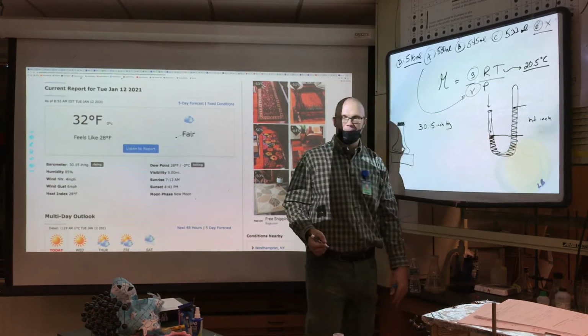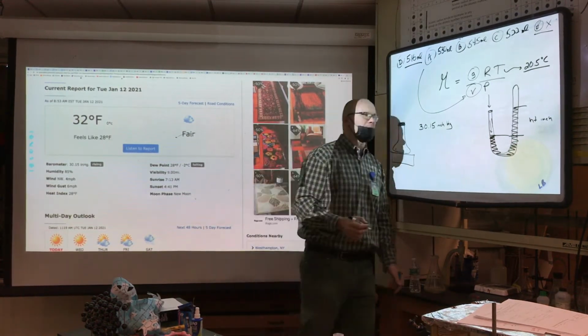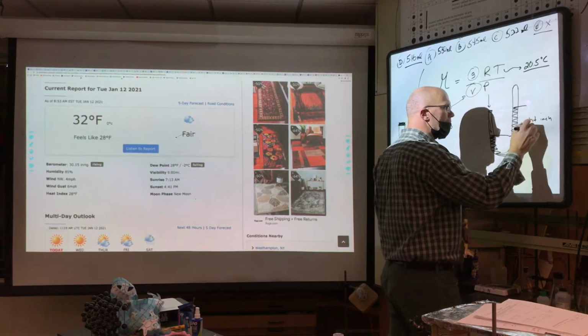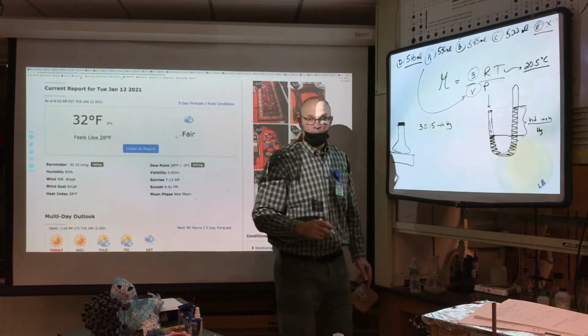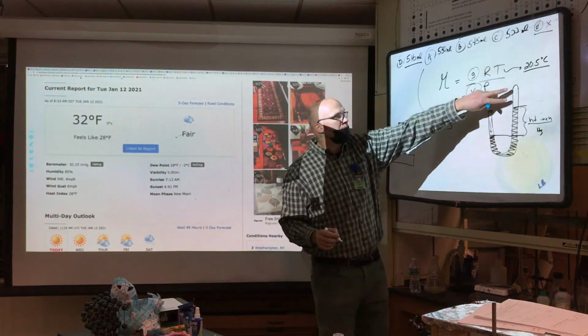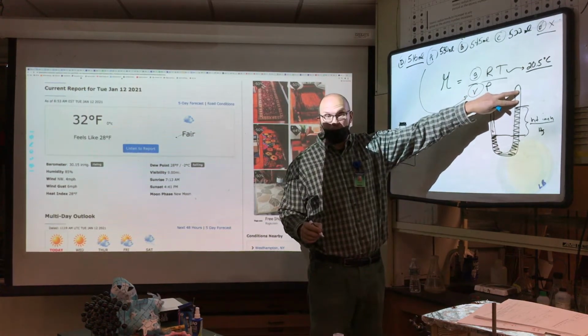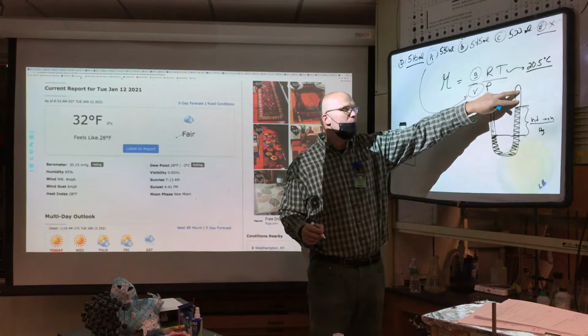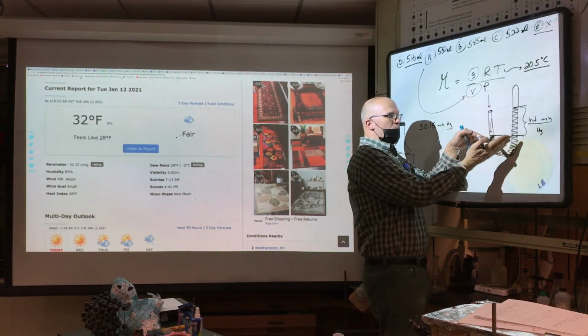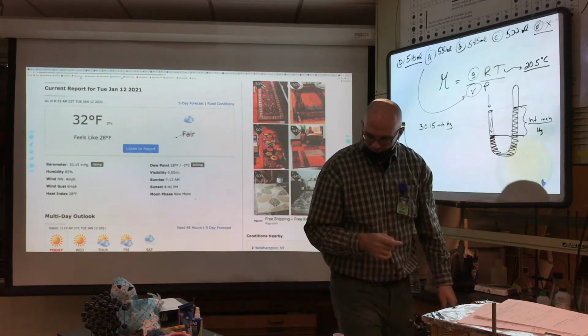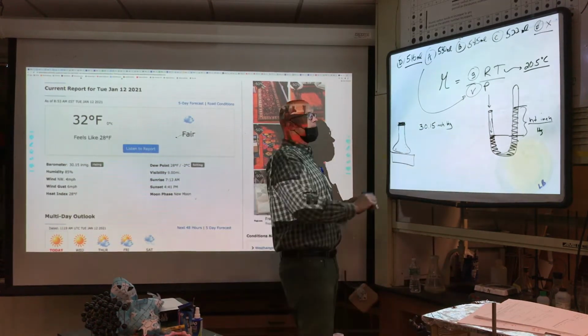Why are they using inches? Because this dumb English system is still holding true. So the height has been measured to be 30.15 inches of mercury. There's no opposing pressure here. This is a vacuum. Mercury doesn't evaporate very well. So the only pressure, the force over area being supported, is the height of the mercury. But we've got to convert that into a pressure unit because we have R.